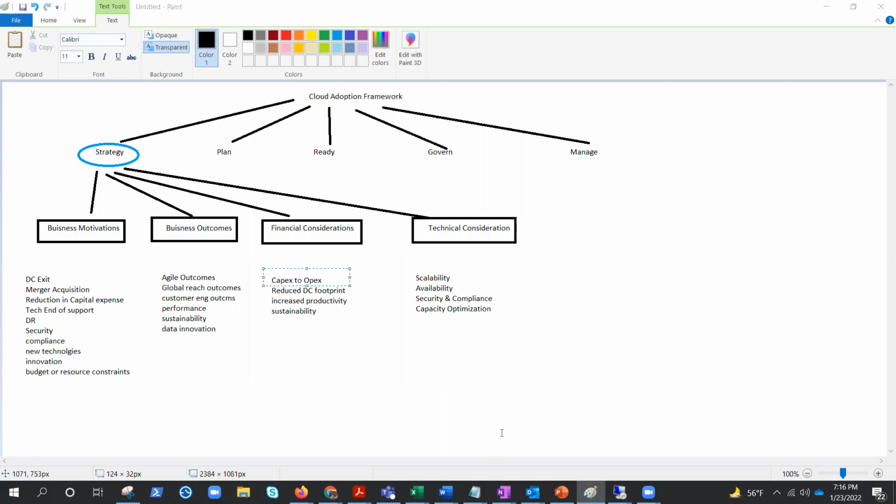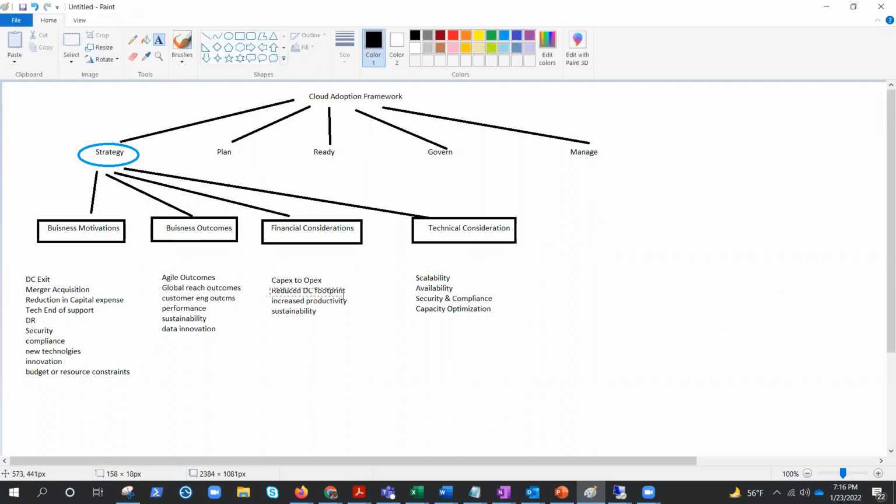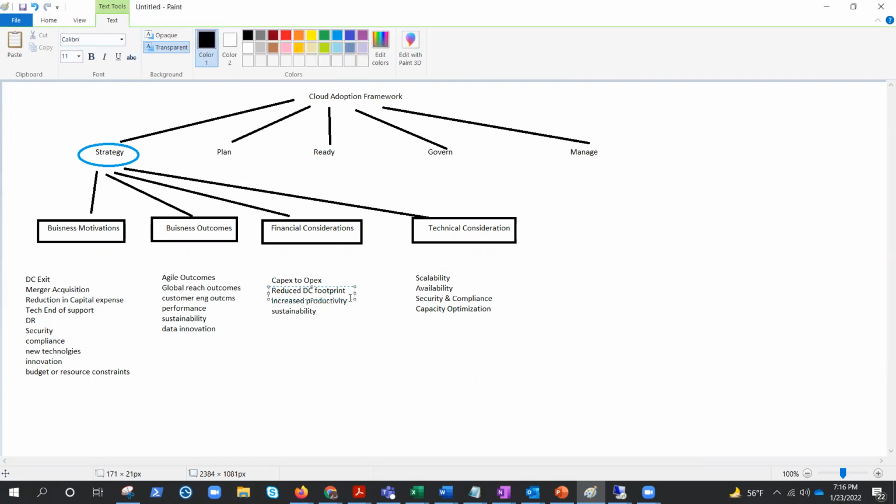A reduced data center footprint is another benefit of a shift to the cloud. On-prem data centers are frequently overbuilt for peaks, resulting in excess capacity and excess spend. You all know that. In the cloud, you can spin up resources quickly with flexibility and scalability, where you can scale up and down as needed.